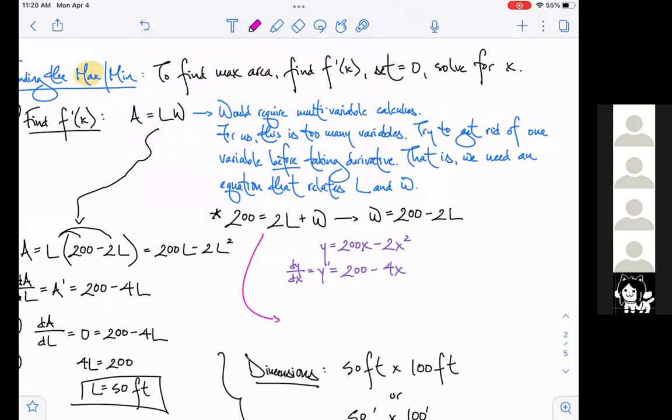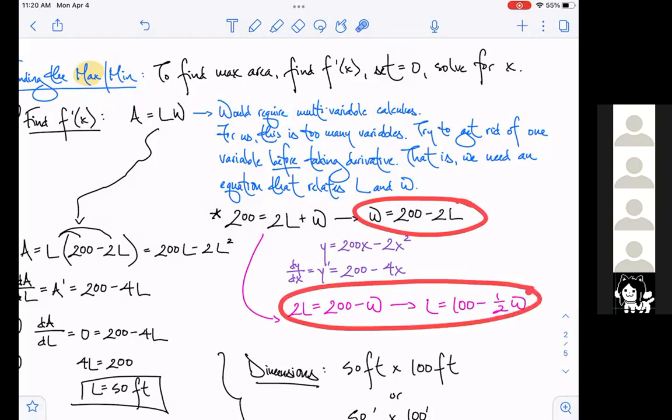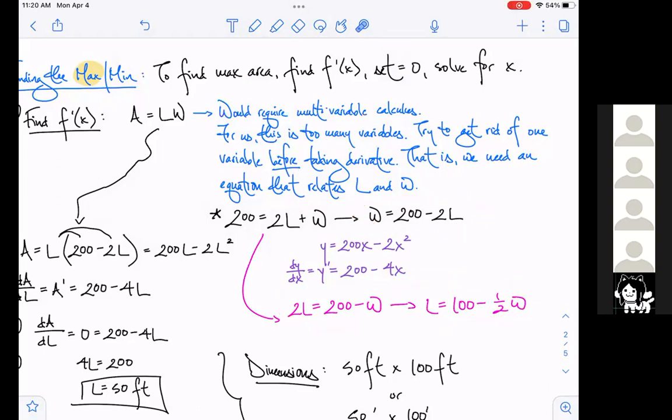So if I wanted to get L by itself, I'd have 2L equals 200 minus W. Then I divide everything by 2, and I get L equals 100 minus 1/2 W. I would just prefer not to work with the fraction if I can. So this means I don't have to work with the fraction, but if you solve this way, for sure, I don't think a 1/2 is all that bad. Maybe if it was like 49 over 2,501, I would choose differently, but it's up to you what you want to do in that process.